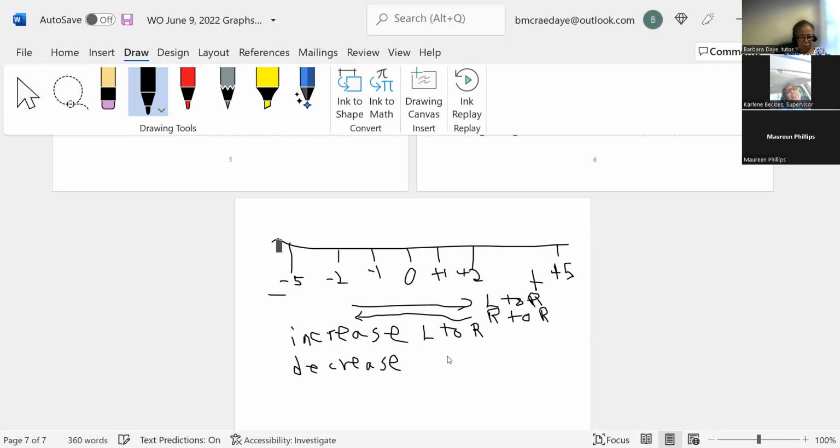If that's a decrease, Maureen, we're going from right to left, decrease. So what is smaller, a -5 or a -2?